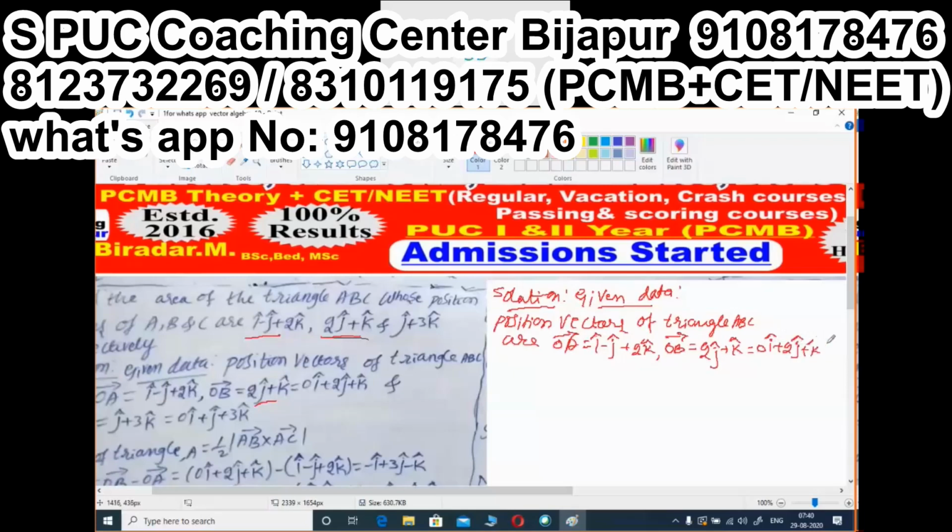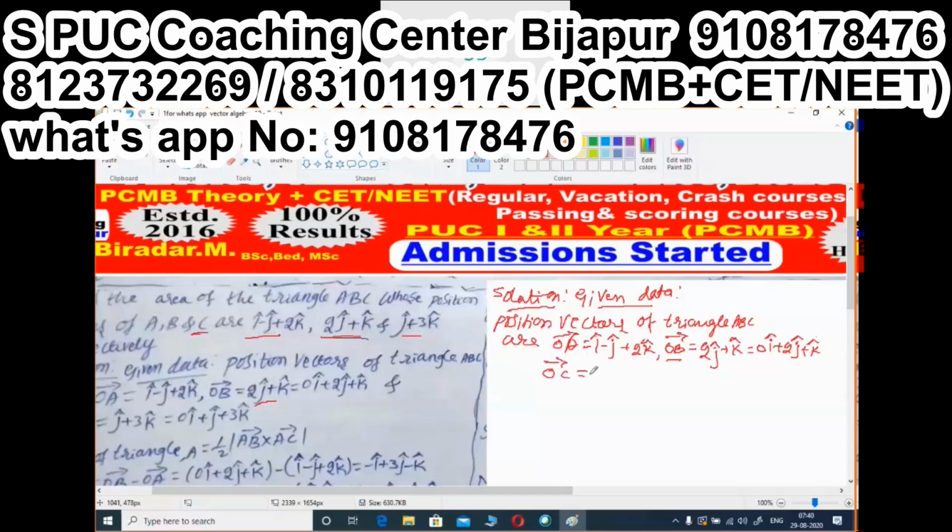So this is the OB vector. Next, concerned to the C vertex, that is the OC vector, the position vector of the C vertex.